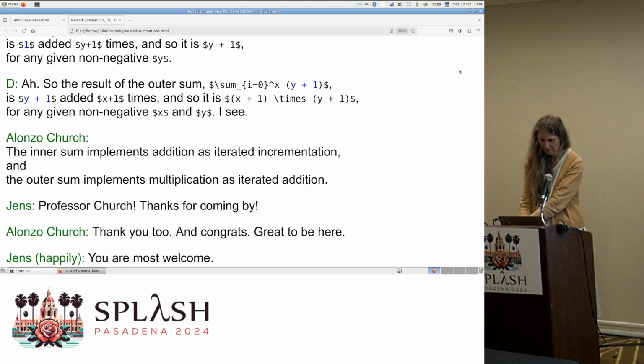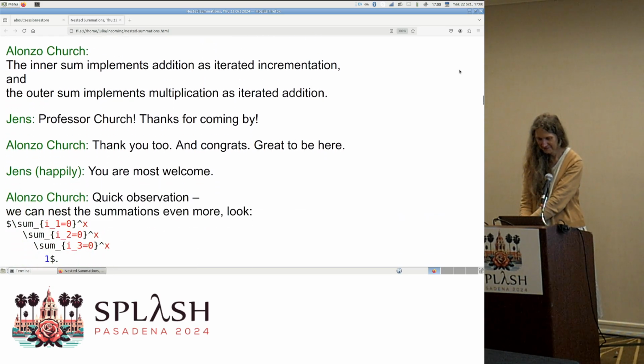So the result of the outer sum, 0 to x, of y plus 1, is y plus 1 added x plus 1 times. And so it is x plus 1 times y plus 1. And for any given non-negative x and y, I see. The inner sum implements addition as iterated incrementation, and the outer sum implements multiplication as iterated addition.